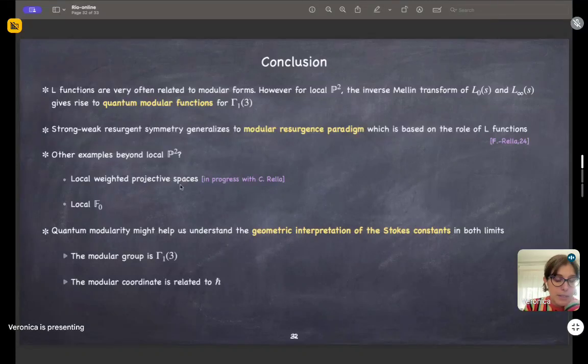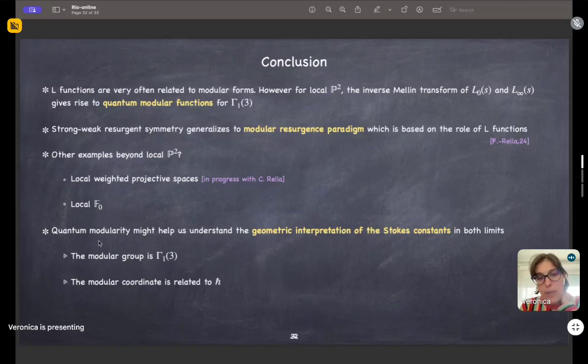And this is currently in progress with Claudia. So we are looking at local weighted projective space, and the local F0 is a bit more complicated because we don't have such a nice expression for the trace. So the computations from the resurgent point of view are harder.